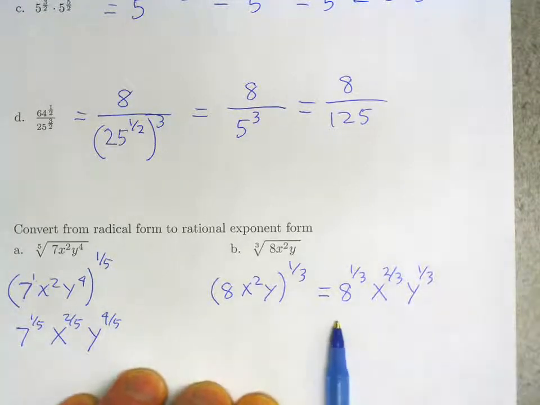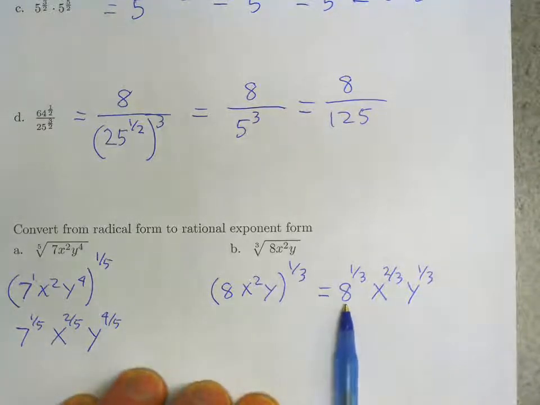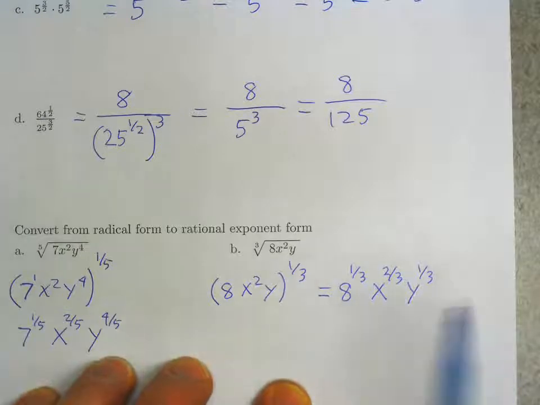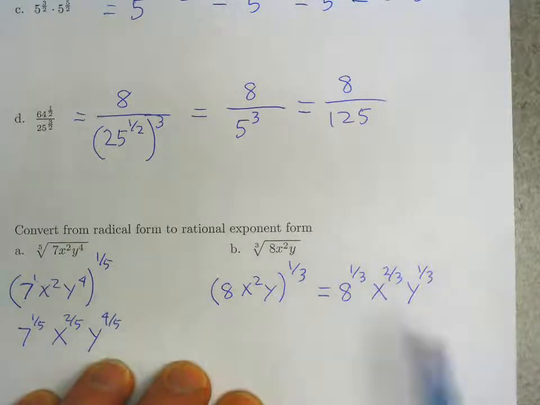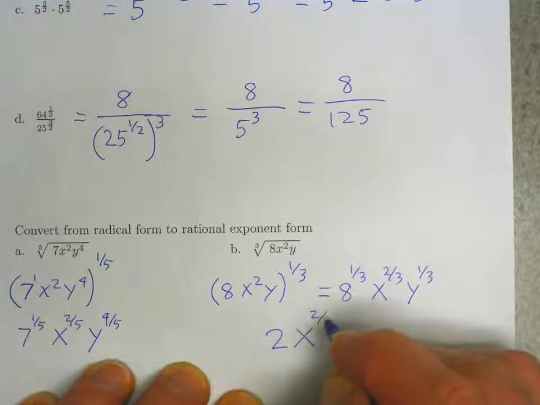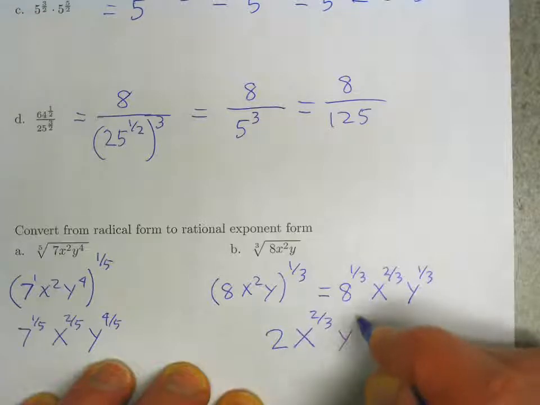And we can simplify further because the cubed root of 8 simplifies to 2. Or in rational exponent form, 8 to the 1/3 simplifies to 2. So our final answer is 2 times x to the 2/3 times y to the 1/3.